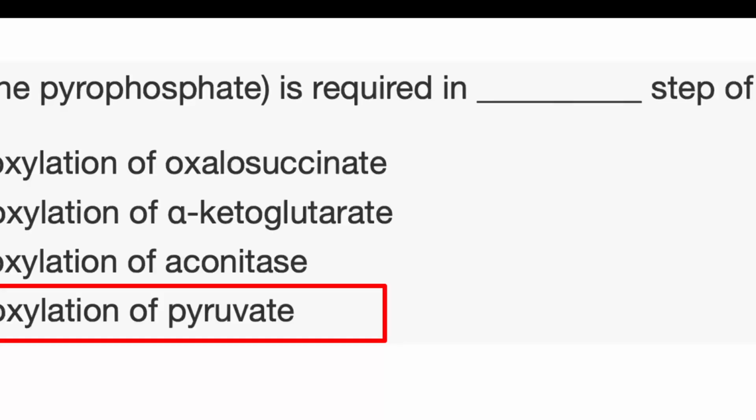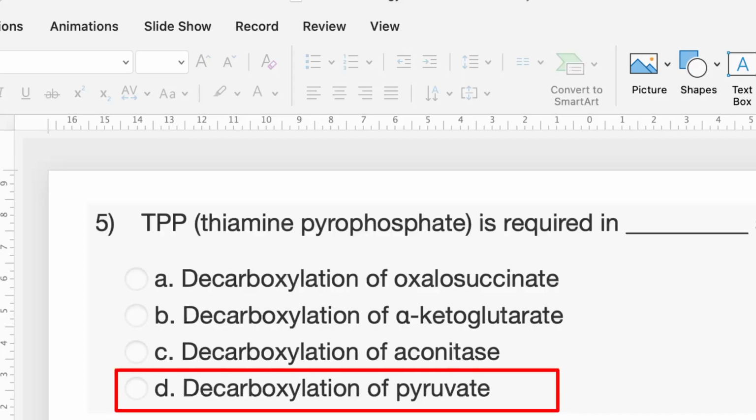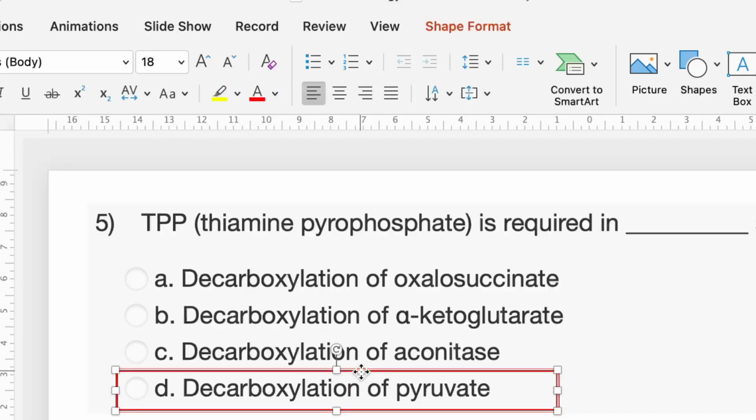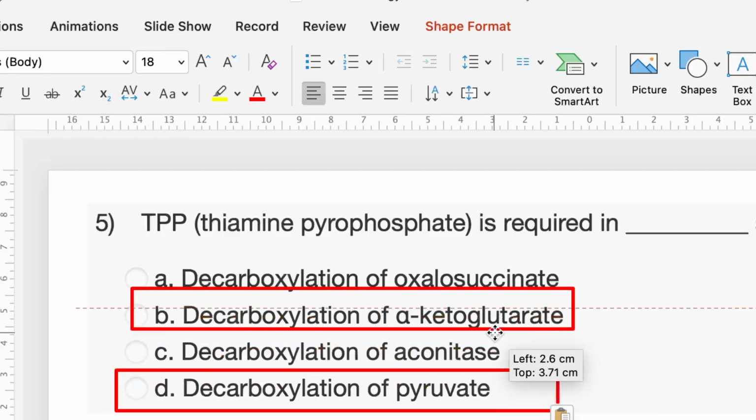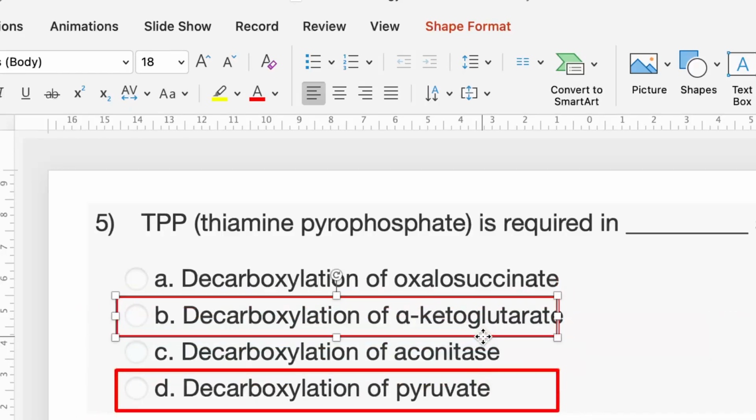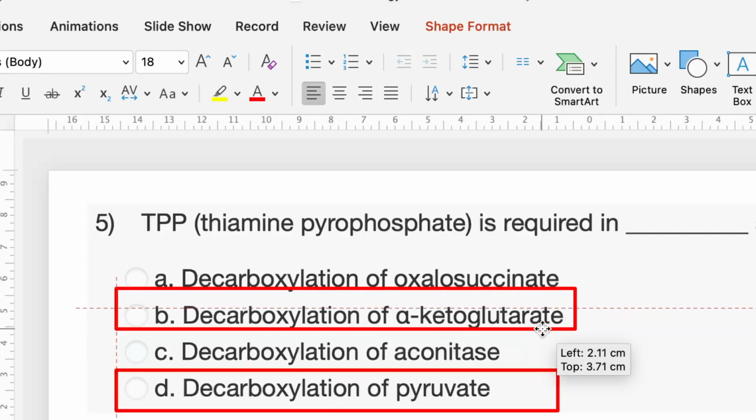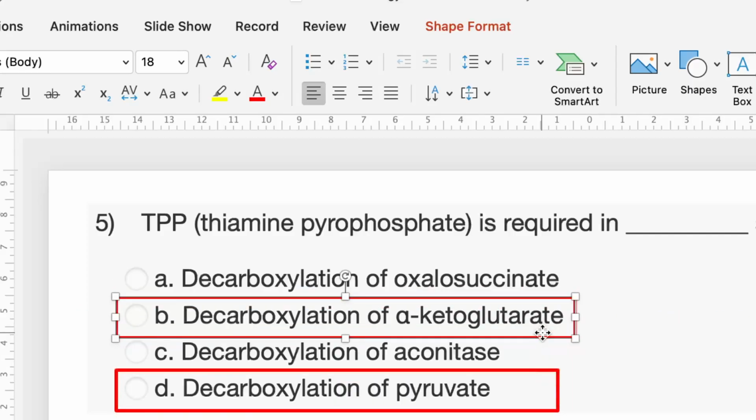But I know option B is also correct. Decarboxylation of alpha ketoglutarate also requires thiamine pyrophosphate. So I'll just change my marking here. The actual answer would be option B, because pyruvate technically is not a part of the Krebs cycle but is a starting material.